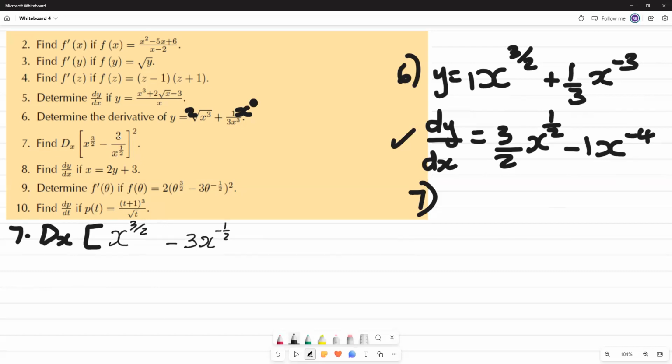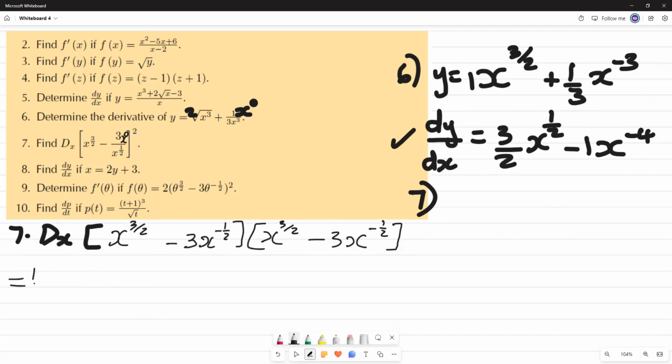So I just took this, I acted as if there's an x to the power 0 there. So 0 minus half, it's minus half. And then because there's a square, I'm going to repeat this twice. Ne? So x to the power 3 over 2, because of that square, minus 3x to the power negative half.